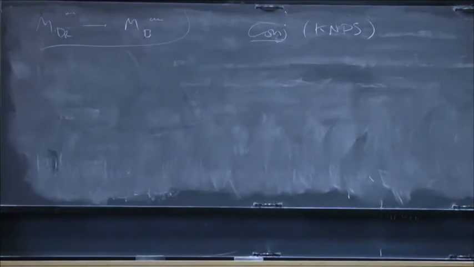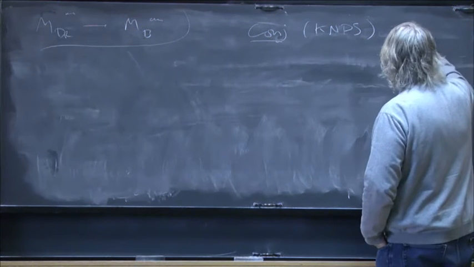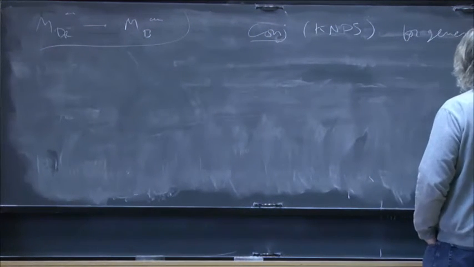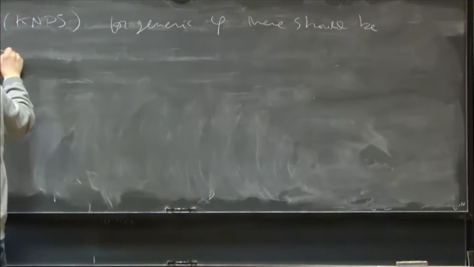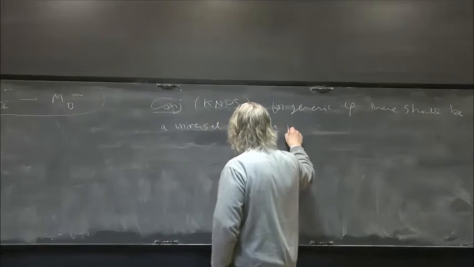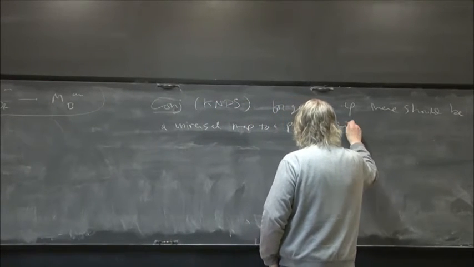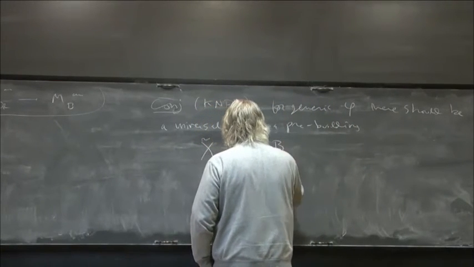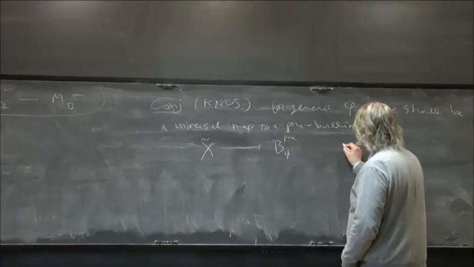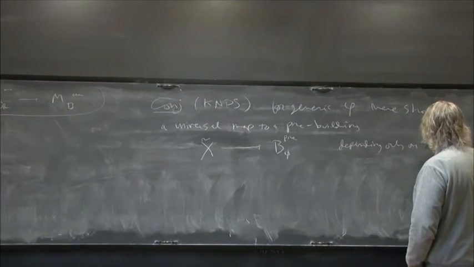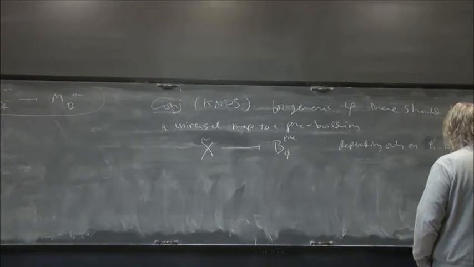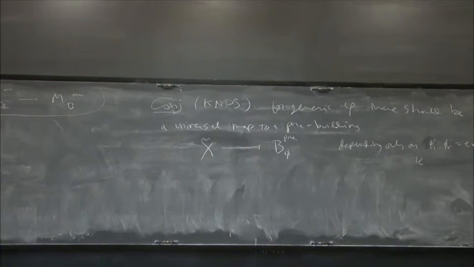From our recent paper, or two, in fact, this is really from our more recent preprint just a few weeks ago, is that there should, for generic Higgs fields, be a universal map to a pre-building which depends only on, well, let me just briefly say this, depends only on the eigenvalues of this Higgs field phi.